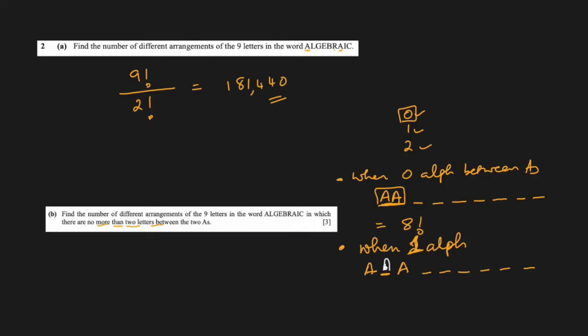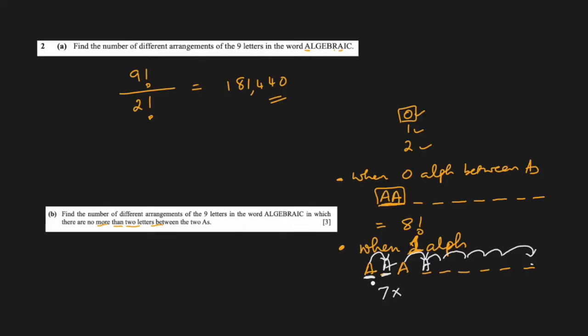This is the second case. That means this A will go here, and this way A will go here. So how many ways can they change their places? There are already 2. One was here, one was here, and when it goes till here, we'll count this: 3, 4, 5, 6, 7. So there will be 7 cases of what I'm doing here.